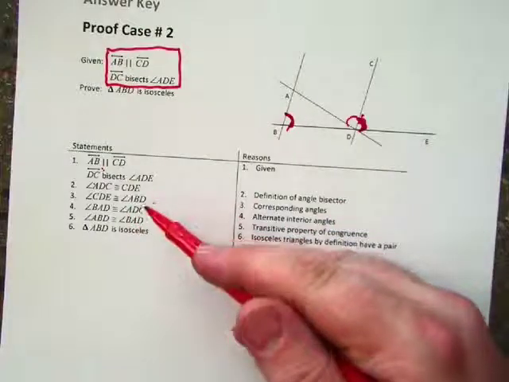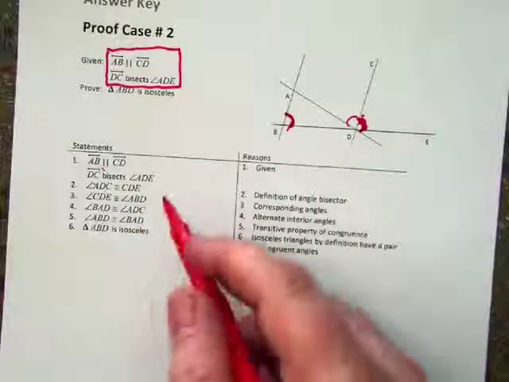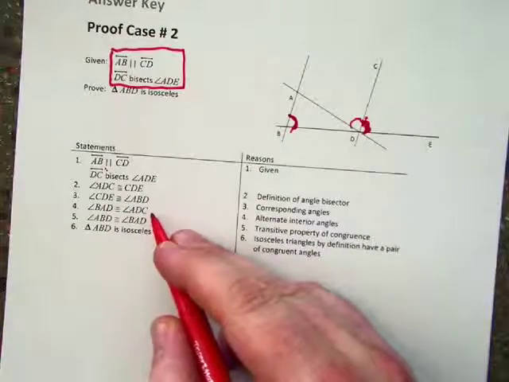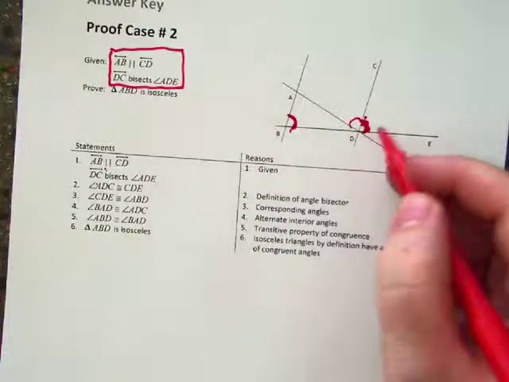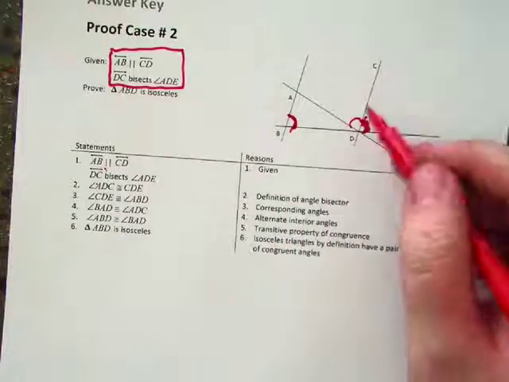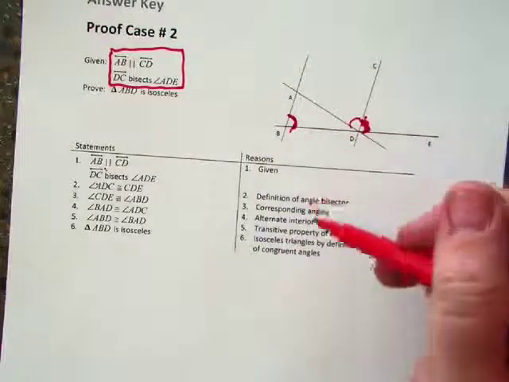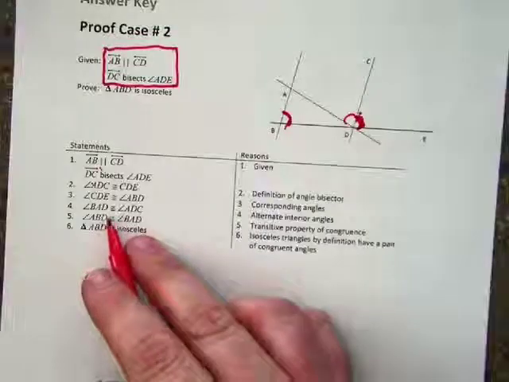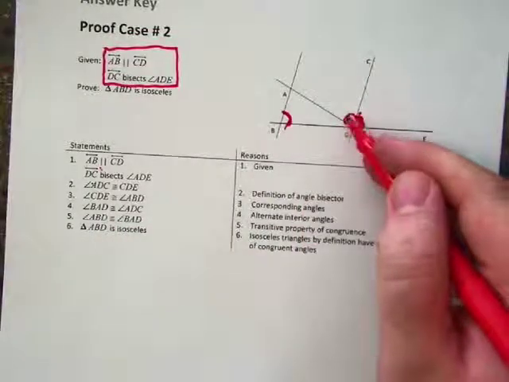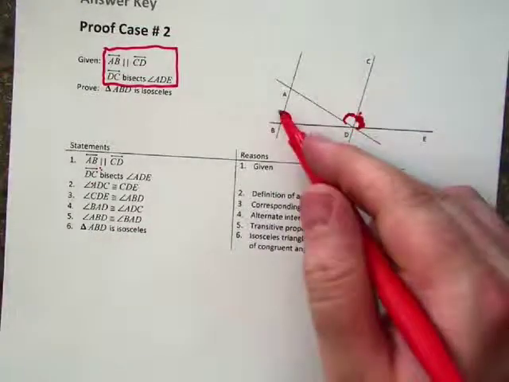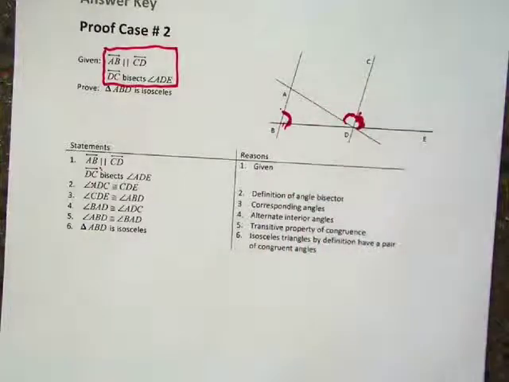Okay, now if we go on to BAD and ADC, we know that those are also congruent because they're alternating interior angles. So right here and right here.